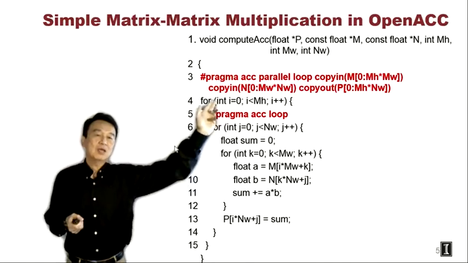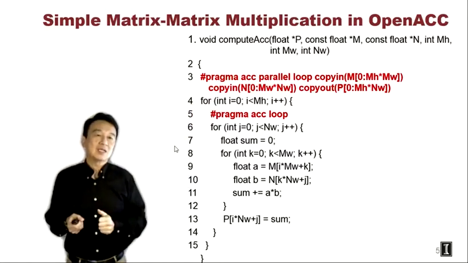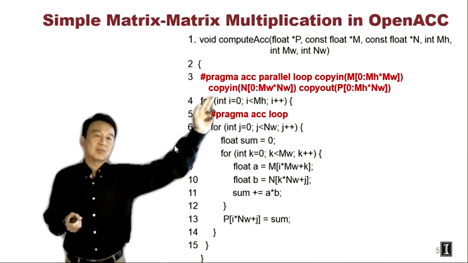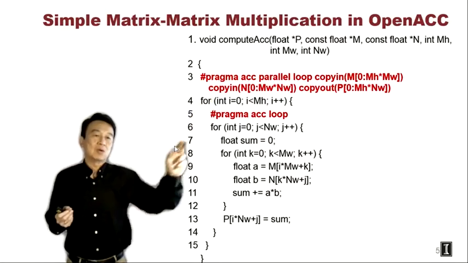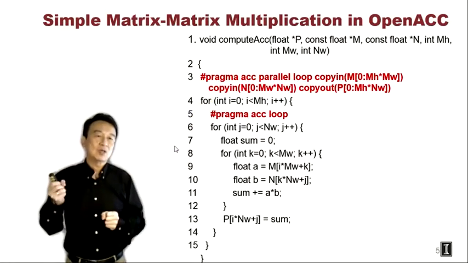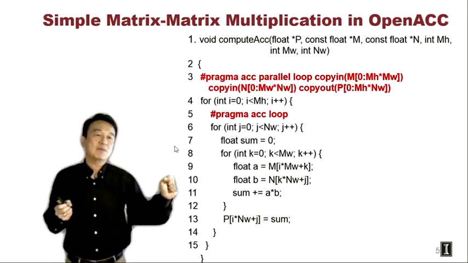So the copy pragma statement has a size of M, and it tells it to linearize the M matrix into a one-dimensional matrix with elements from 0 to Mh times Mw.